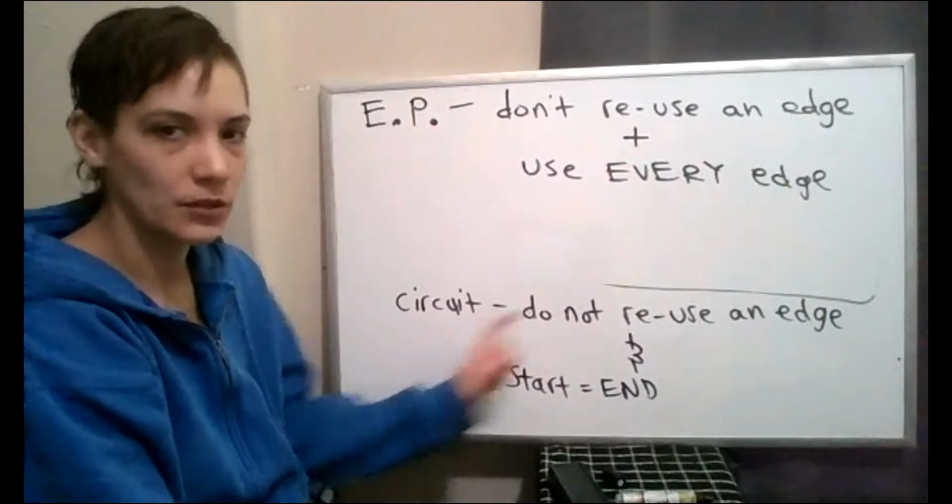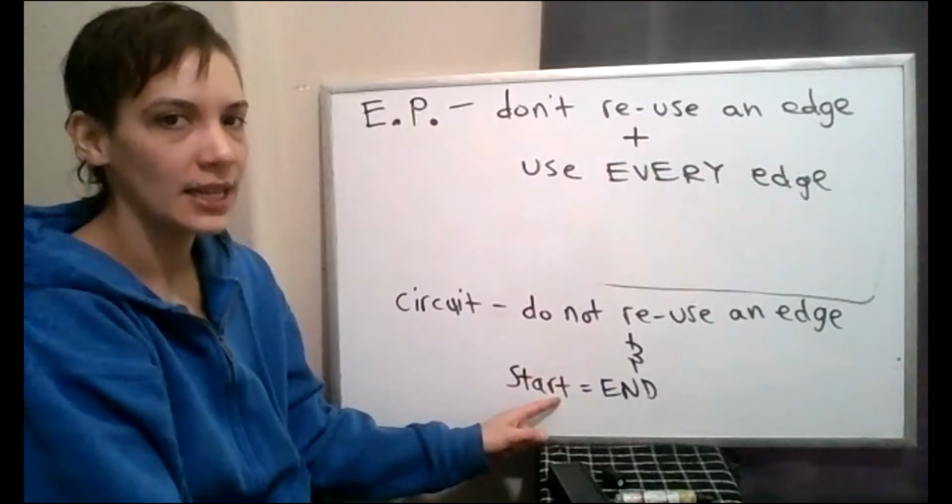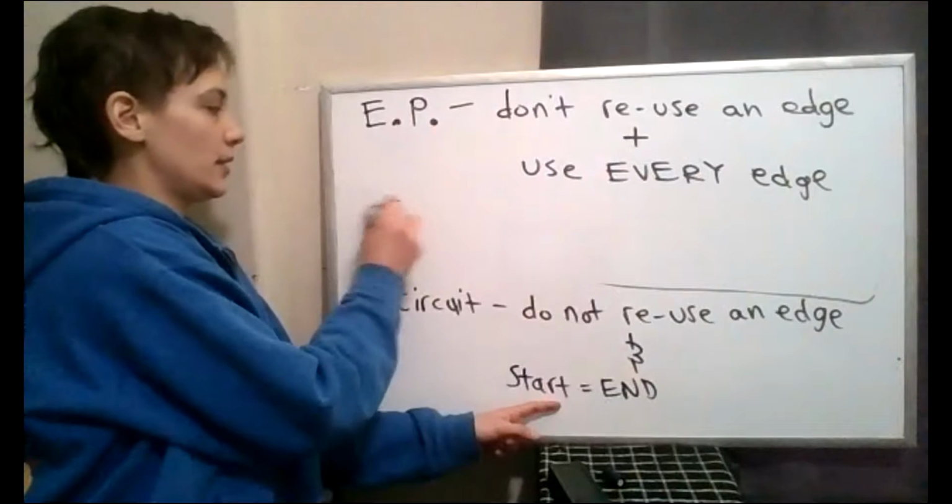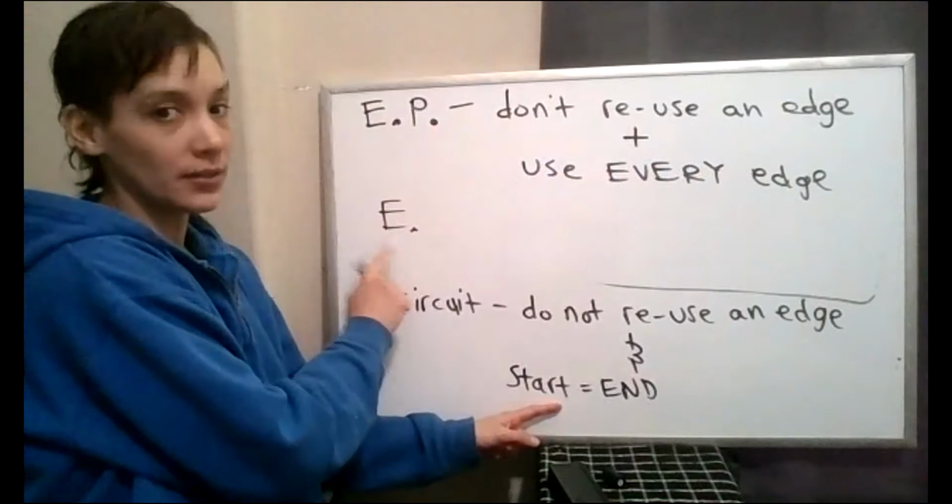An Euler circuit means don't reuse edges. Start where you end. And with the Euler part, it means use all of the edges.